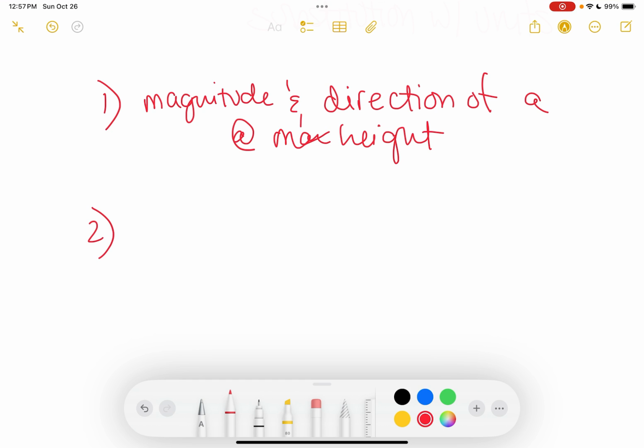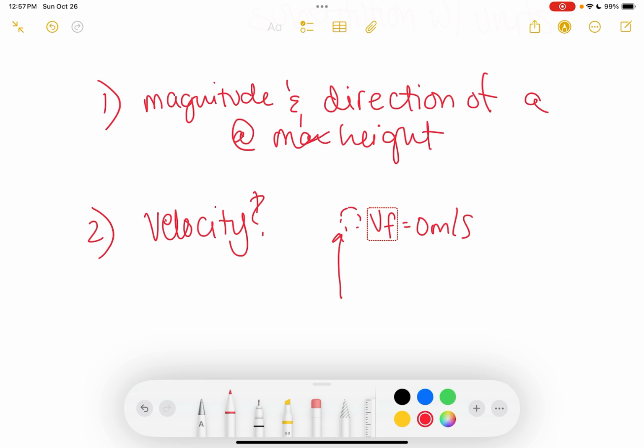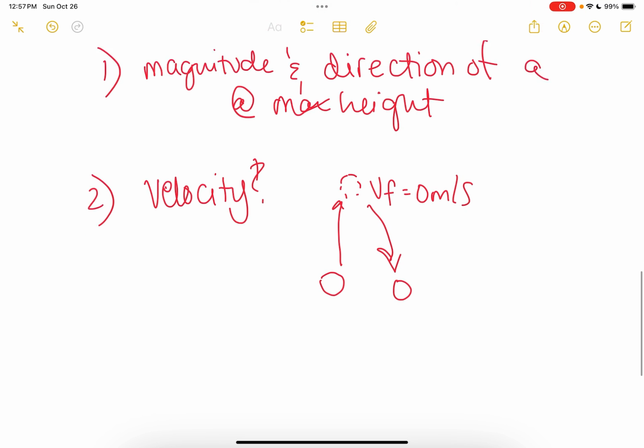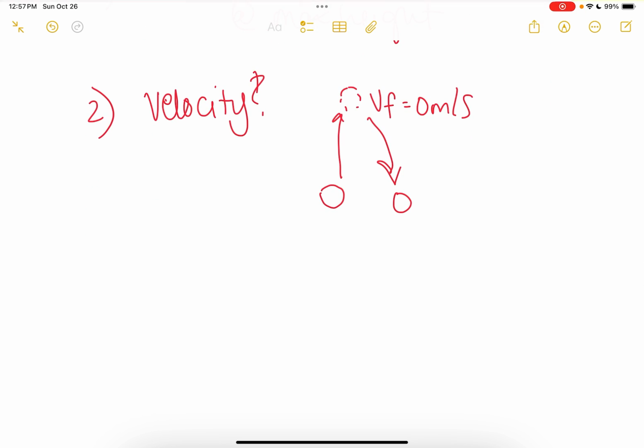The second one's going to ask about what happens to the velocity. So as this object is going up, we know up here VF is equal to 0. So what does that mean when it's moving upwards? And then what does that mean when the object comes back down to Earth? So talk about when it goes up, talk about it when it comes back down.